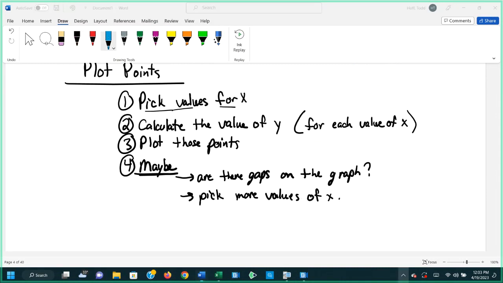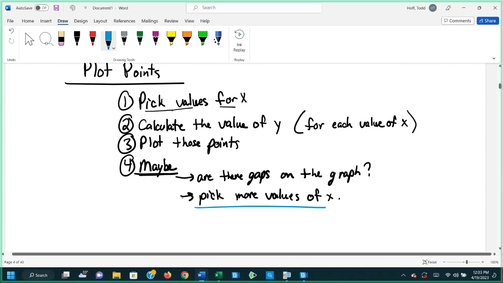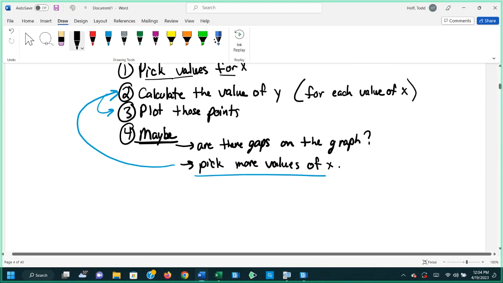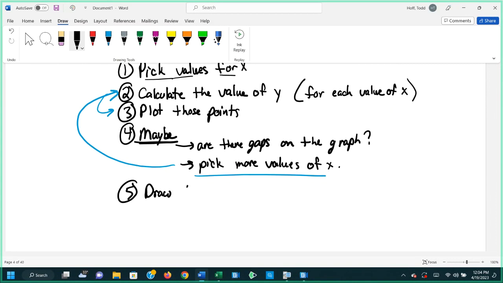If we pick more values of x, then we have to go back up here and calculate the corresponding value of y and plot those points again. But once we have plotted enough points that we can look at it and see what shape this is going to make on the graph, then we can draw the curve on the graph.